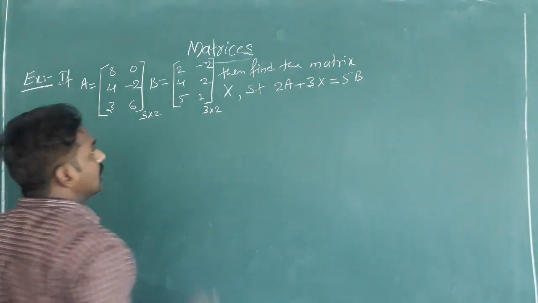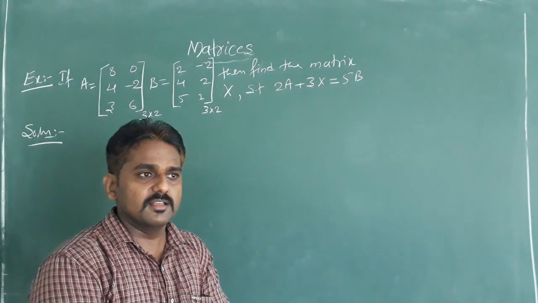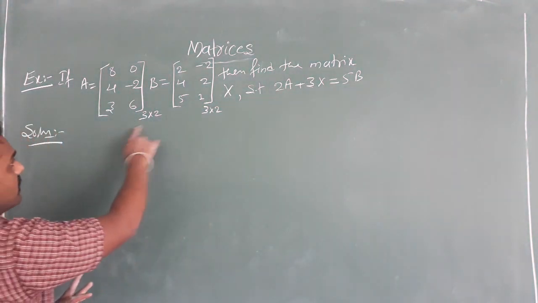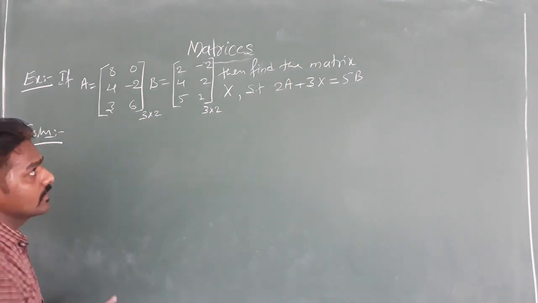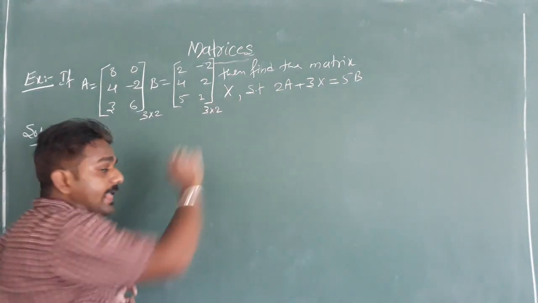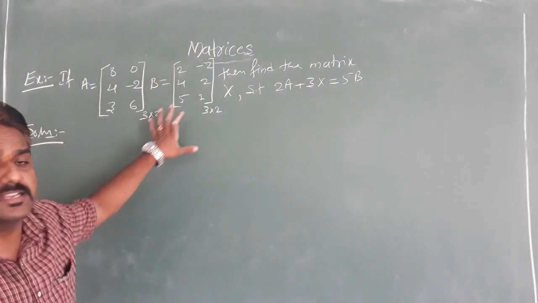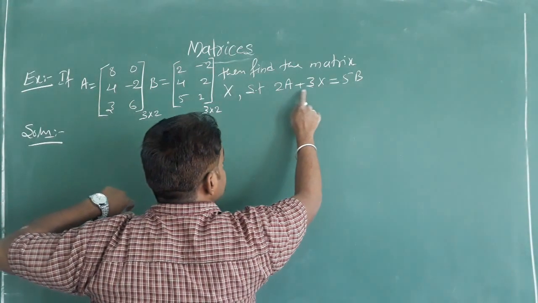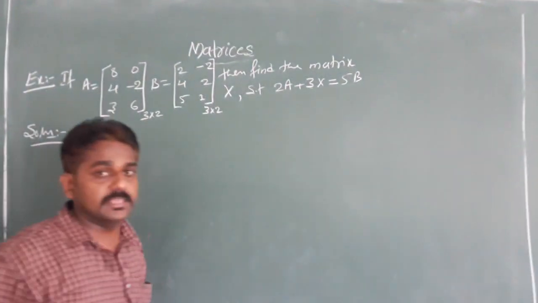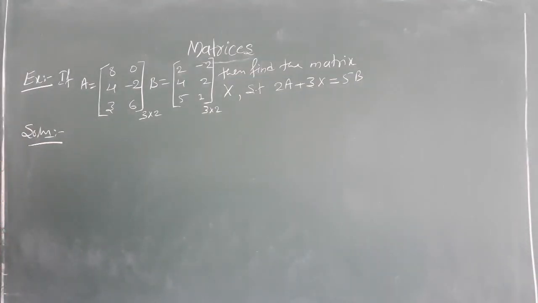First observe, whenever they give addition or subtraction, first of all see the order of the matrix. Both matrices are of the order 3 by 2. Then find the matrix X, such that 2A plus 3X is equal to 5B.